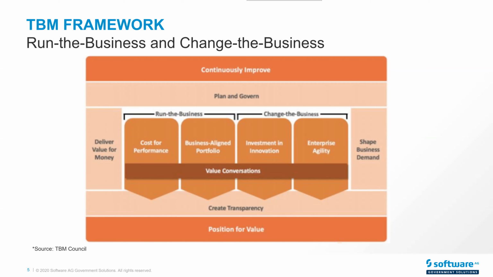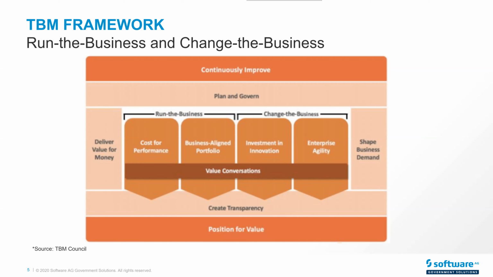Across the bottom, we want to make sure that we are positioning the systems that we put in place for the best value. And we want to make sure that we deliver value for the money. And on the right-hand side, we want to make sure that we understand that there is some demand shaping that could be enacted as well as we start having these conversations.